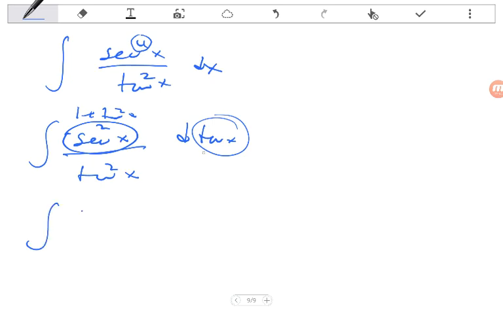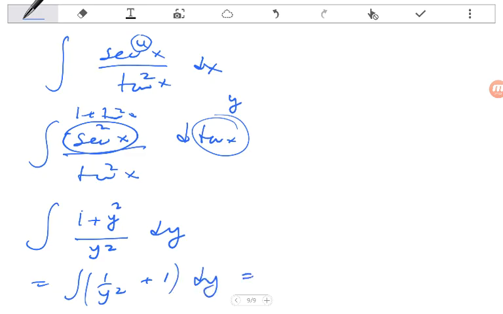So now this integral will be, if I call this y, 1 plus y squared over y squared dy. Can I solve this integral? Yes, and this can be distributed as 1 over y squared plus 1, which will be minus 1 over y plus y. And y is tan x.